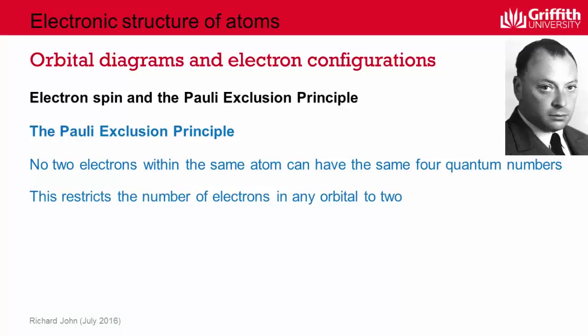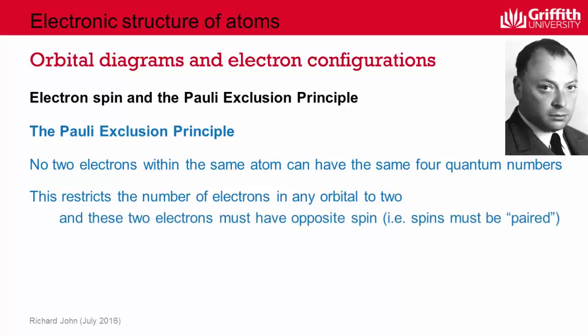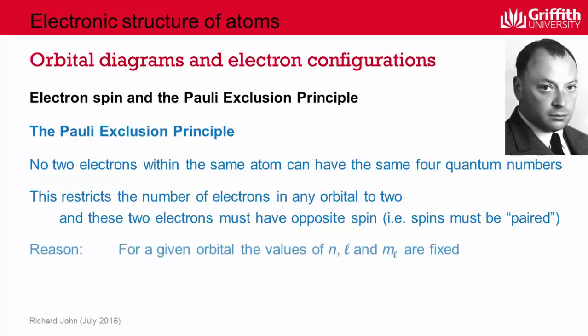Now, the Pauli exclusion principle actually restricts the number of electrons in any orbital to 2, and it's the reason why only 2 electrons can fit in any single orbital. And those 2 electrons must have opposite spin. Their spins must be paired, one spin up and one spin down.